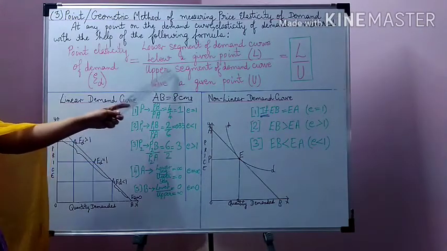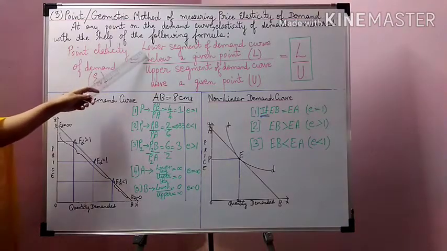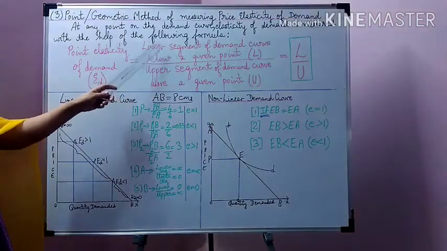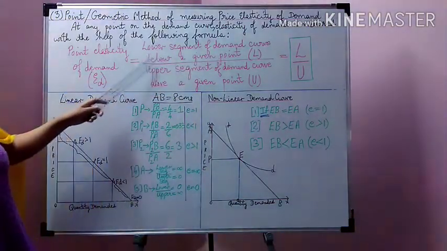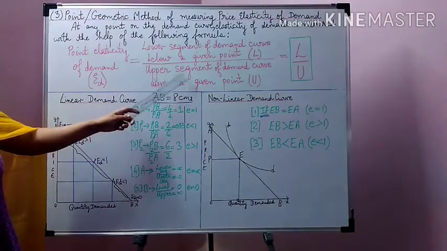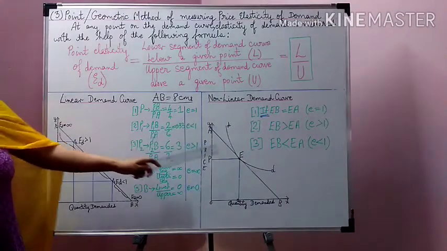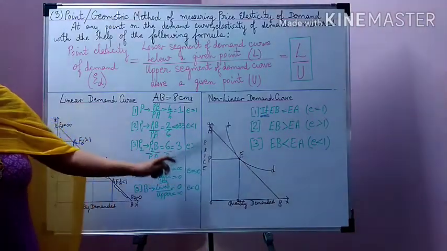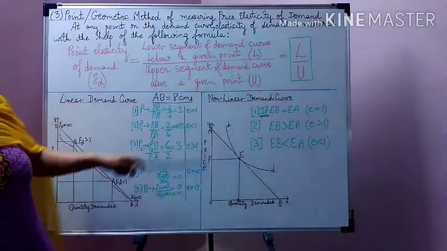The formula will be point elasticity of demand equals lower segment, lower tangent of the demand curve below a given point, upon upper tangent of the demand curve above a given point. So we call it tangent instead of segment. Let us calculate elasticity of demand. N upon U, same formula.